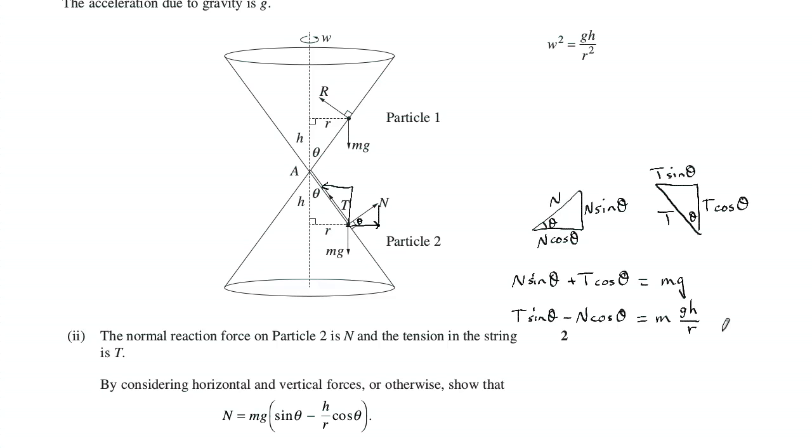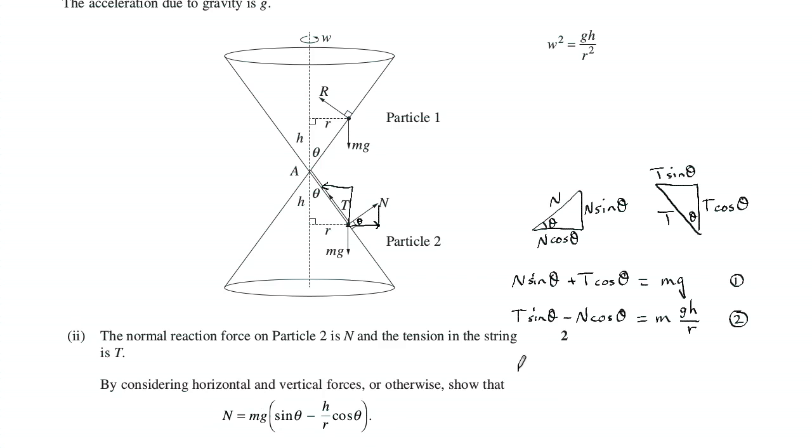Now we need to take those two equations and solve them for n, because we want to work out what n equals. The way I thought about that was to use the elimination method for solving simultaneous equations. We could do this equation times sin theta and this equation times cos theta, and then subtract them, because we want to get rid of the t's, as there are no t's in here.